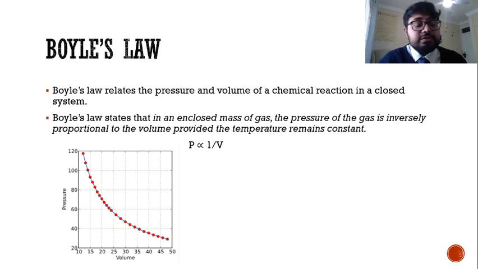And one of the other units of pressure is atmospheres. So it can be any one of those pressure units. And then we look down, that's 48 volume units, and that corresponds to around 30 pressure units. So we can see that as the volume is increasing, the pressure is decreasing.